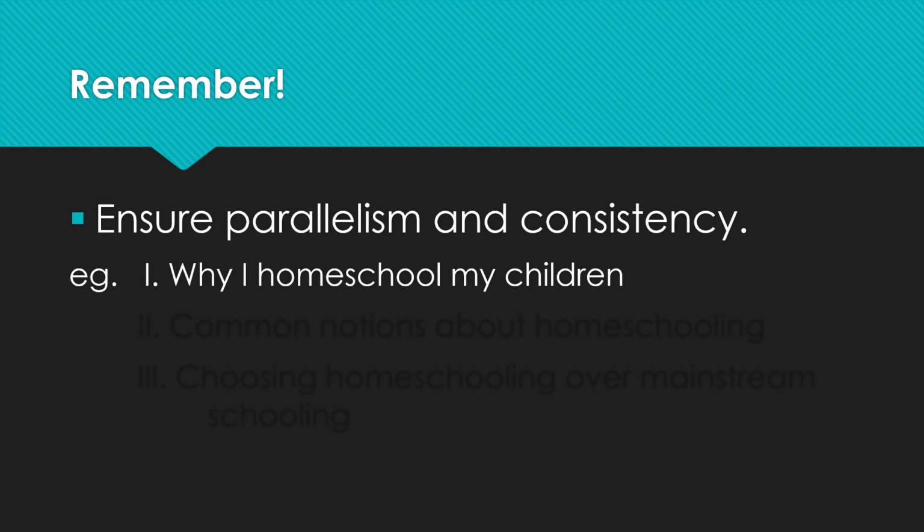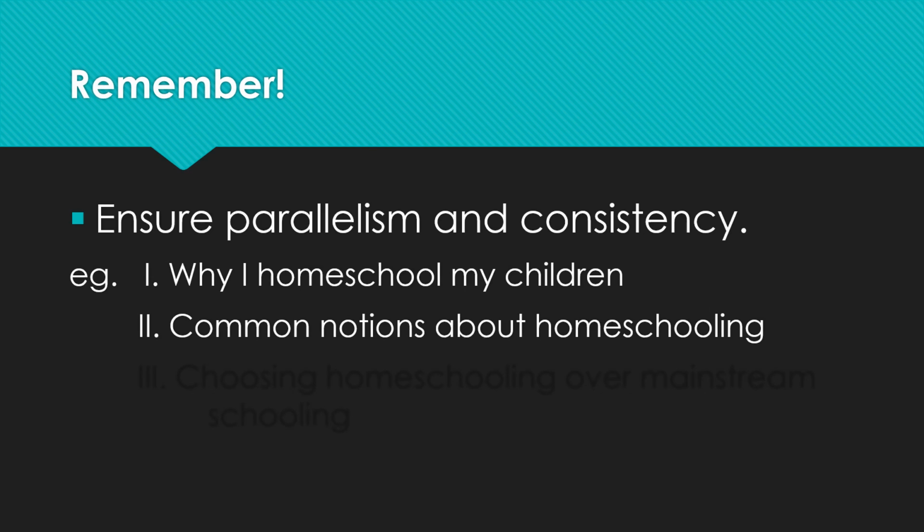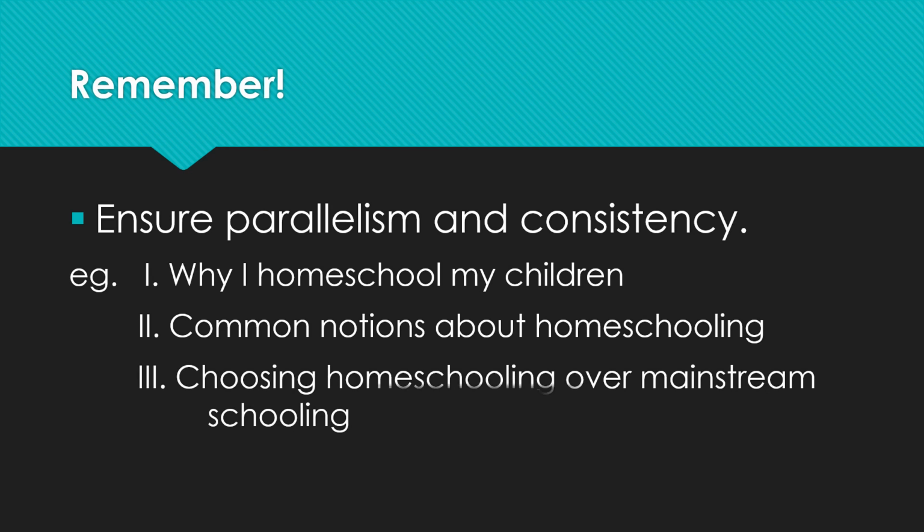So you start out with, this is a topic outline, why I homeschool my children. And then suddenly you shifted to a noun phrase, common notions about homeschooling. They're not consistent, they're not parallel. Part 3, now you have a verb-ing or a gerund, choosing homeschooling over mainstream schooling. So the format, the entries are not parallel and they're inconsistent, so you have to change it.